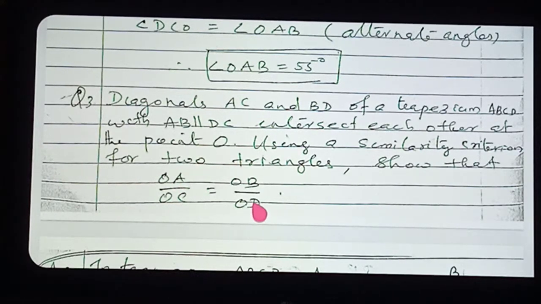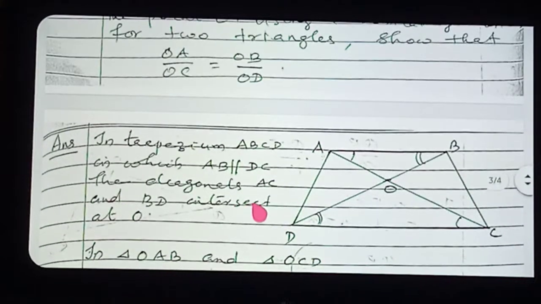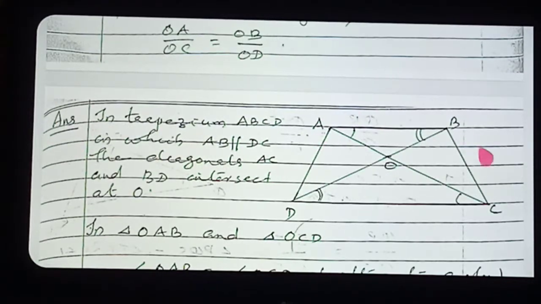So we can see the diagram first. See here. In this trapezium ABCD, AB is parallel to CD, or DC, given. And the diagonals BD and AC are intersecting at the point O, also given. And now what is your question? You want to prove OA by OC and OB by OD.